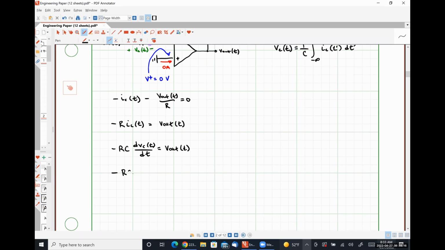So we have a relationship negative RC d Vn of t by dt is equal to V out. So we're able to perform the derivative operation on a signal and then scale it by a factor of negative RC. Okay. So this is the differentiating amplifier.